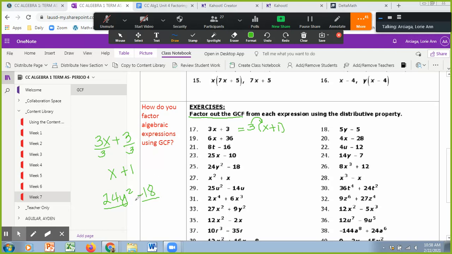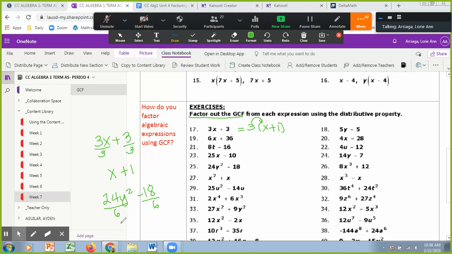So what number can divide 24 that can also divide 18? Think about it. Remember, it can't be bigger than 18. So what number can... 6? All right. So divide by 6.